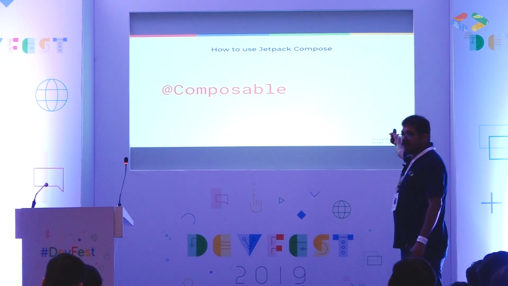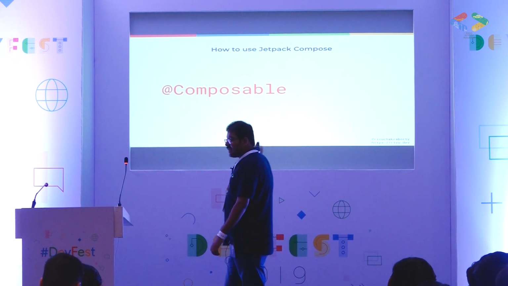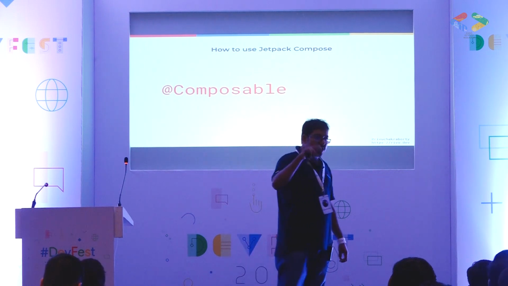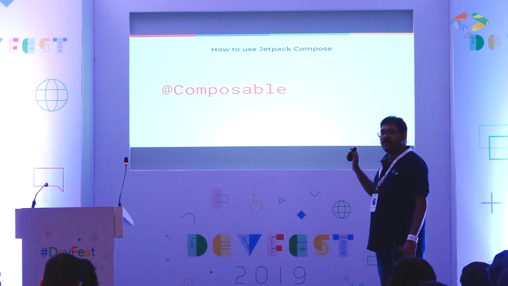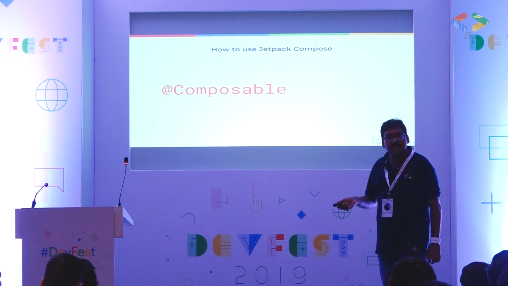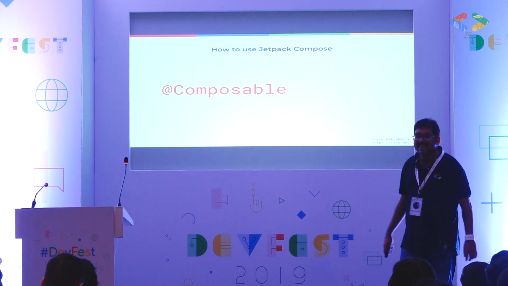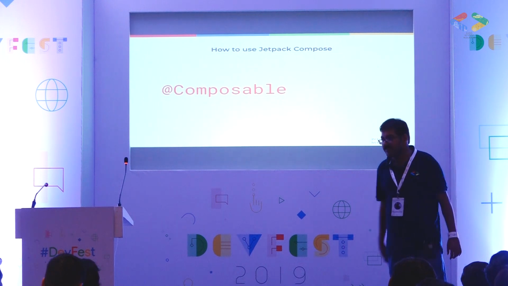Add that @Composable. If you have seen my previous slide carefully, then you have probably seen that before the function there was an annotation, @Composable. So there's some magic in Compose. I know that developers don't like magic. I myself don't like magic, but this magic was necessary.